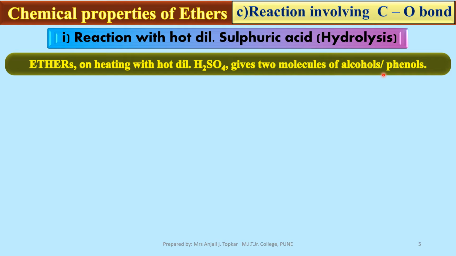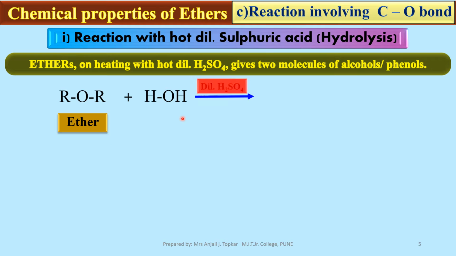When it undergoes hydrolysis with dilute H2SO4, we can find here ROR, which is ether, and HOH, it undergoes hydrolysis in the presence of dilute H2SO4.